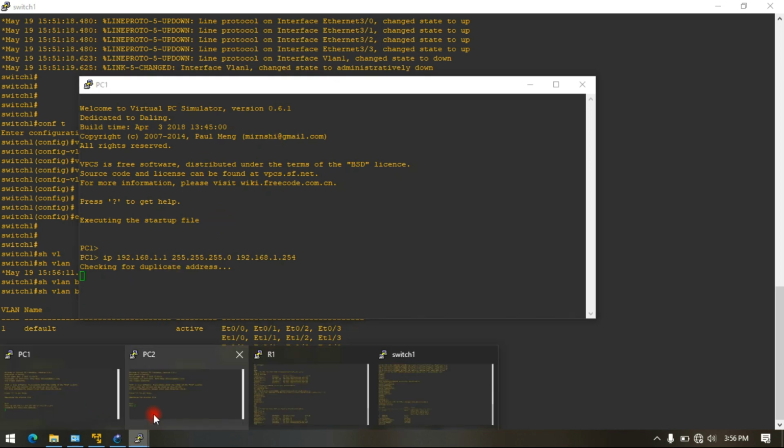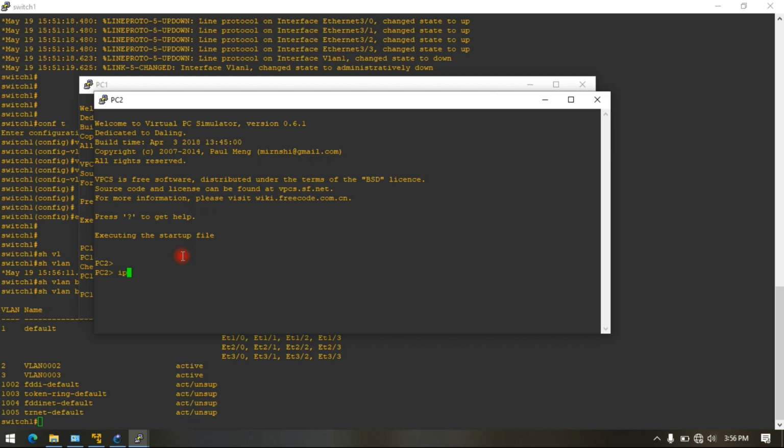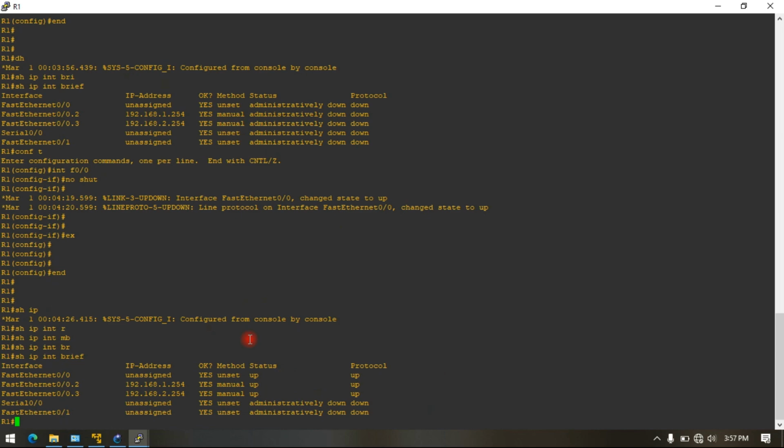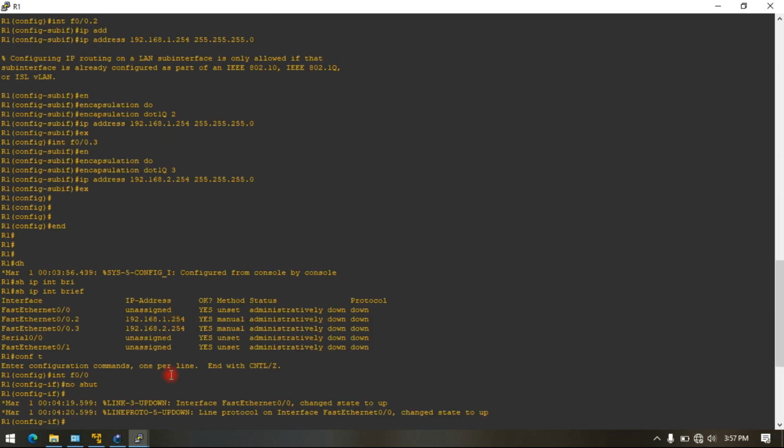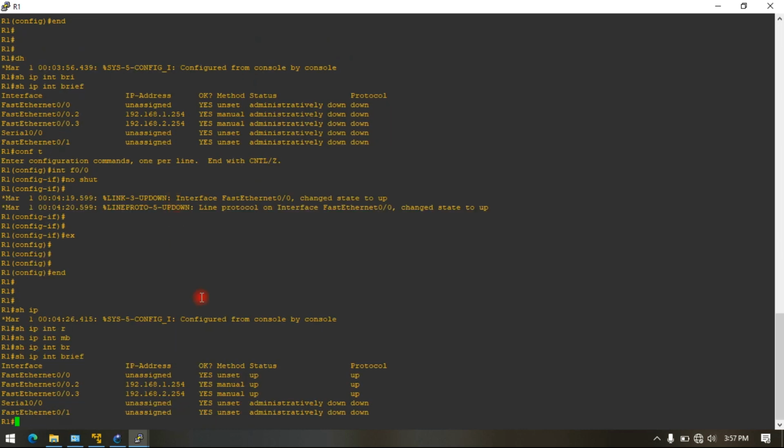And I'll do the same for PC2, IP 192.168.2.1, 255.255.255.0, and the gateway of 192.168.2.254. So up and running, the IP addresses have been configured. So 1.254 is the gateway for VLAN 2, and then 2.254 for VLAN 3.